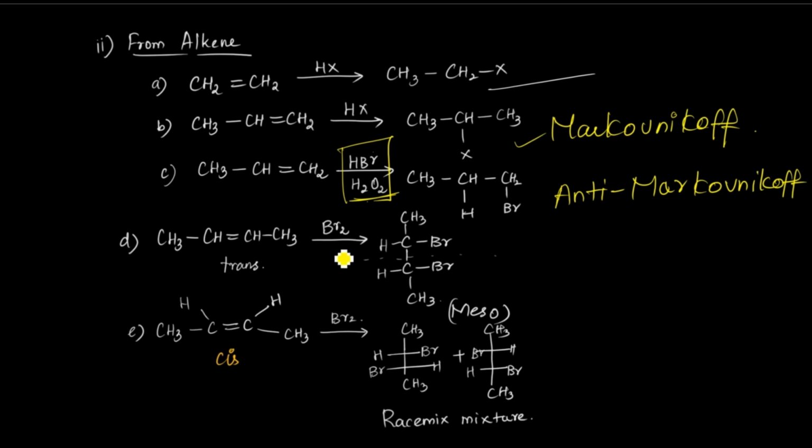Then the next method is dibromination. In this case, it gives us the trans product. Trans gives this kind of product and cis gives us a racemic mixture. So this is one preparation.